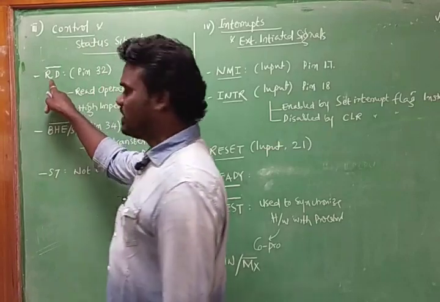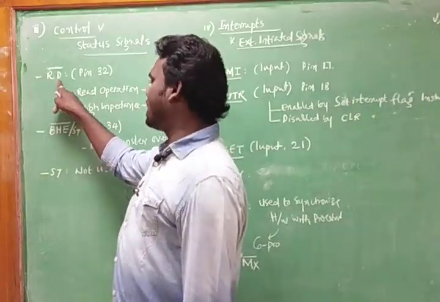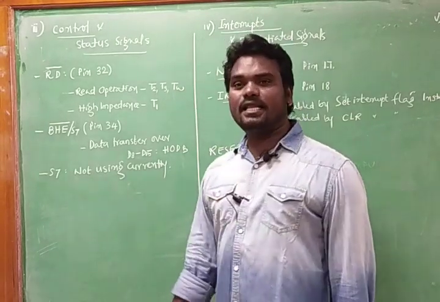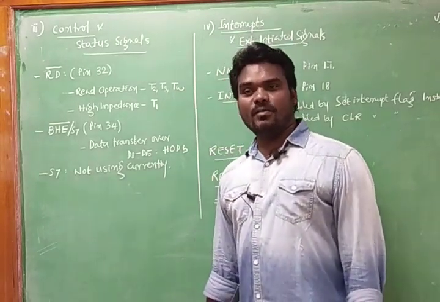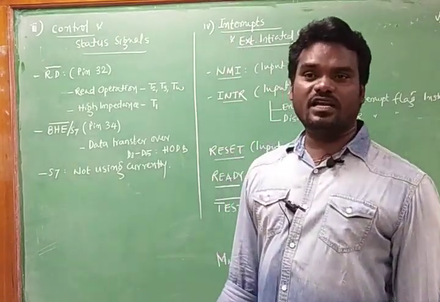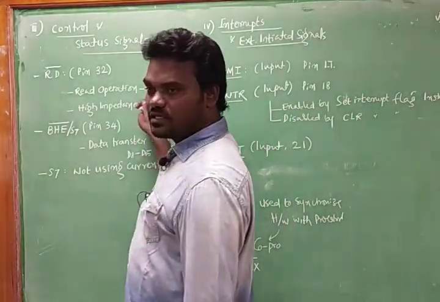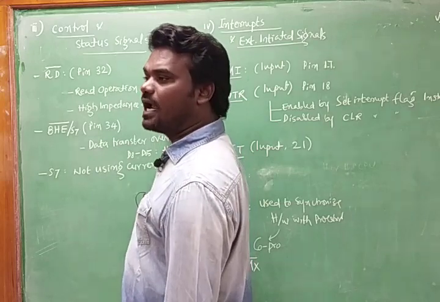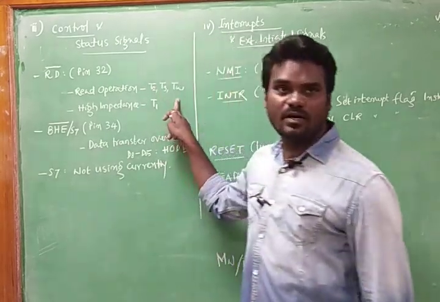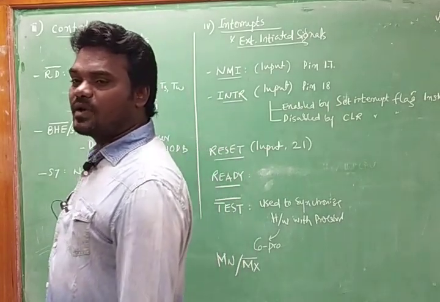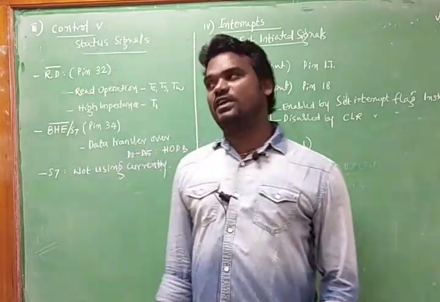Coming to the first pin, it is an active low signal, that is the read function, which is used to indicate the read operation from the memory or some external I/O devices. During the clock cycles T2, T3 and TW, that is T wait, it indicates the read operation from the memory or I/O devices.